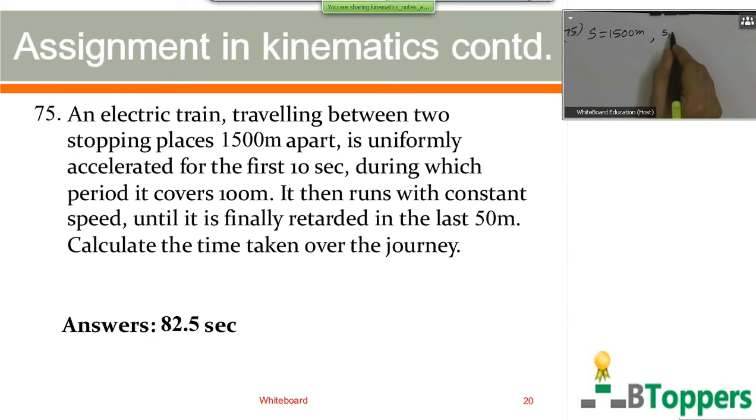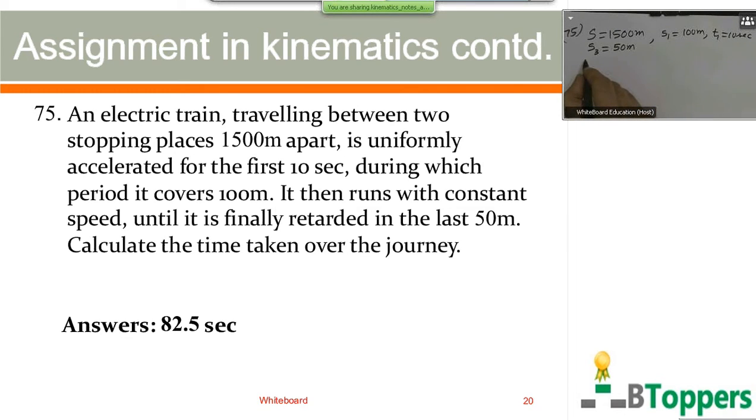Let S1 be the displacement covered during accelerated motion in the first 10 seconds. That is given to be 100 meters. Let S2 denote the distance covered during the motion with uniform speed, and S3 denote the distance covered in the last part of the journey during the retarded motion. That is 50 meters.